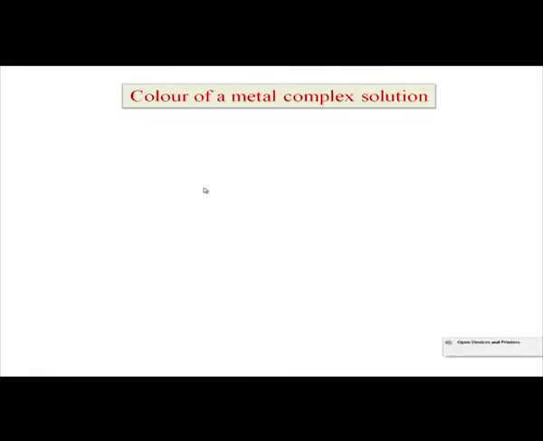We see that a metal complex can give rise to color in solution. As I told you, FeSCN2 plus will form there, which is red in color and strong in color also. That means what we are talking about now is the color intensity. It is red, but the information that it is only red is not sufficient.